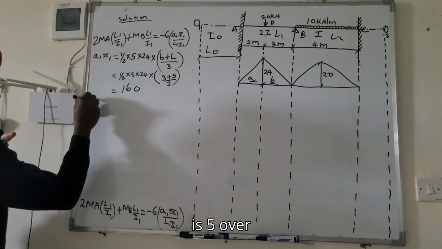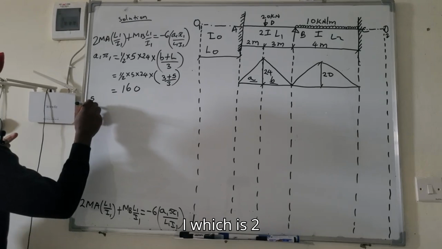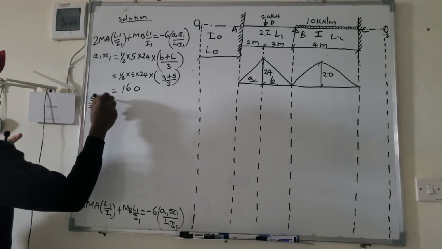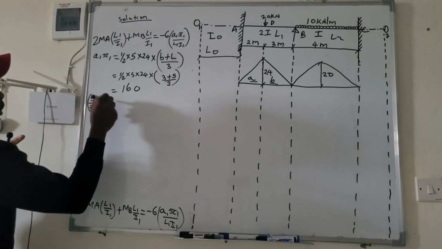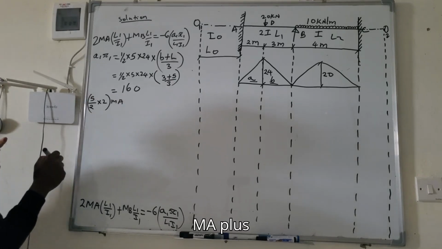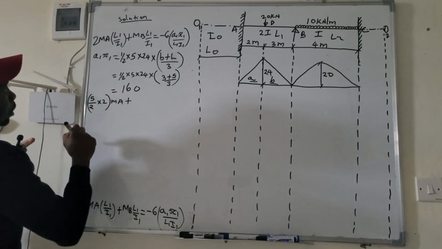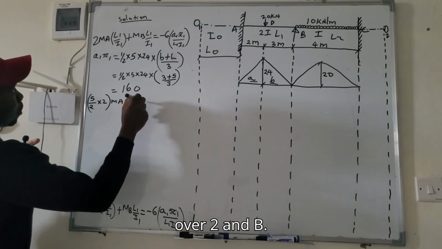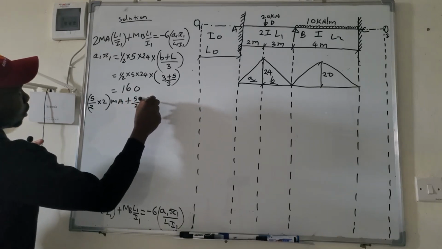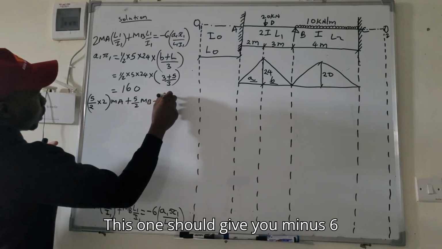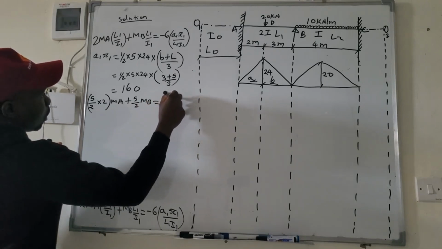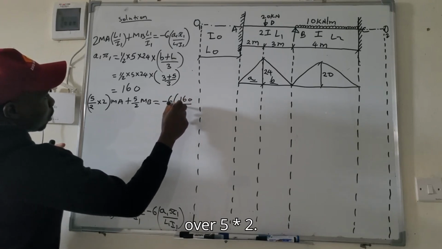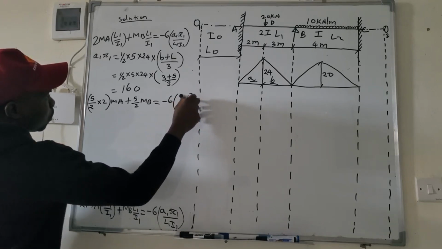L1 is 5 over I, which is 2, times 2 MA, plus L1 is 5 again over 2, MB. This one should give you minus 6 into bracket 160 over 5 times 2.